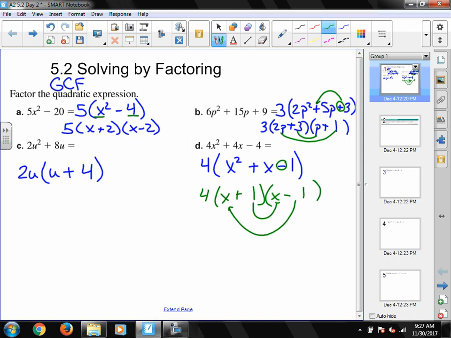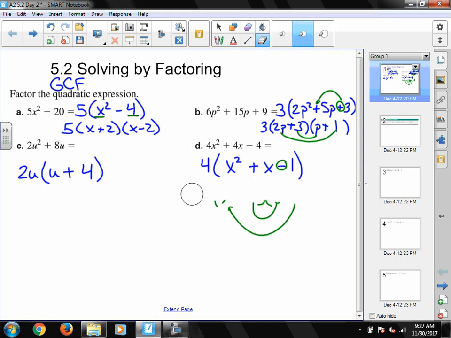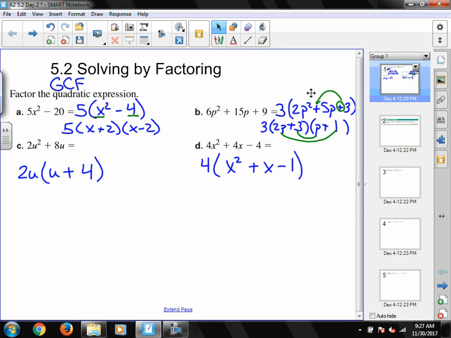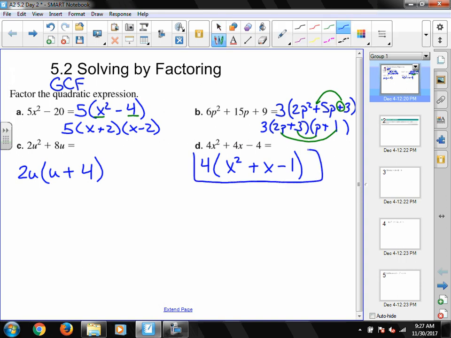Well, that doesn't give me x. It gives me 0. So not all of these break down after your greatest common factor is out of there. I'll show you how to deal with those later. But this right here, this 4 times x squared plus x minus 1, that is as far as we can break that one down. So if you get to the point where you can't break it down anymore, can't factor anything else out, I know we could in A and B, but looking down here at D, we can't do that on every one.